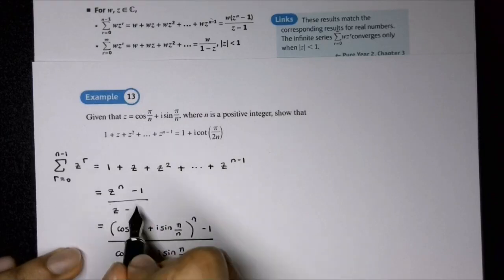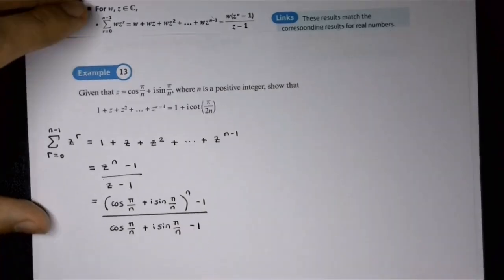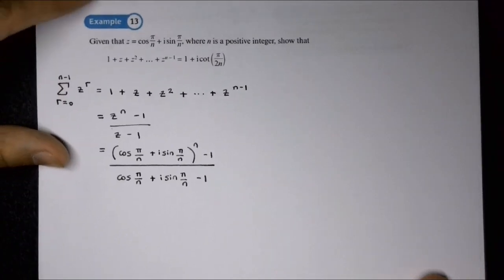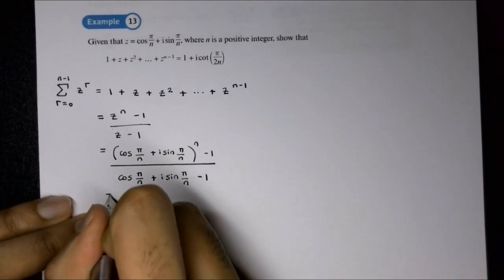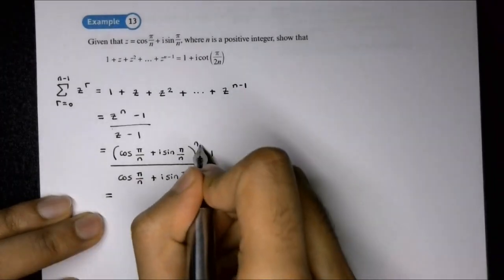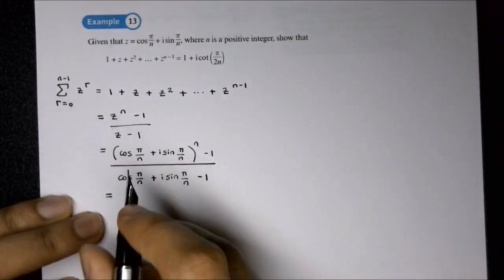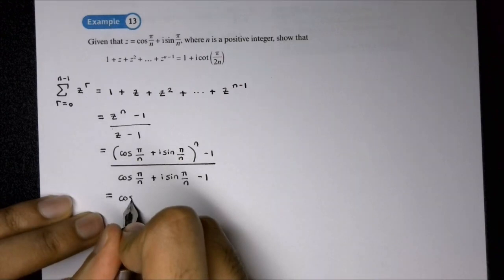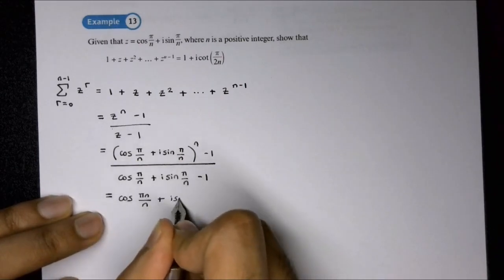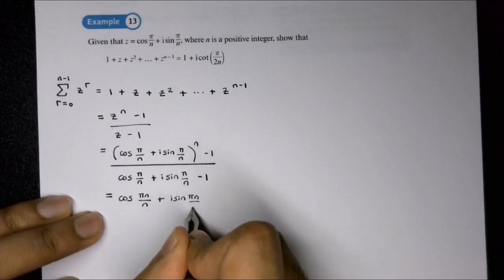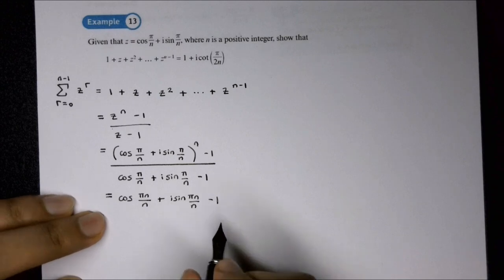So that's what z is, and then we subtract the 1. And if we use De Moivre's theorem to help us simplify this even further, you can see on the top, if we bring this power into the argument, we have cos of pi n over n plus i sine of pi n over n minus 1. So all we've just done over here is use De Moivre's theorem.